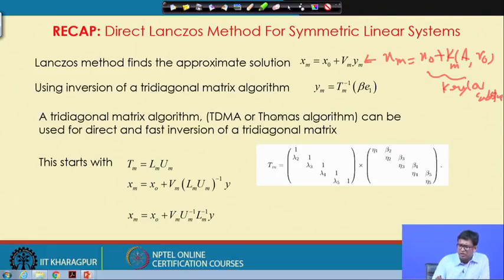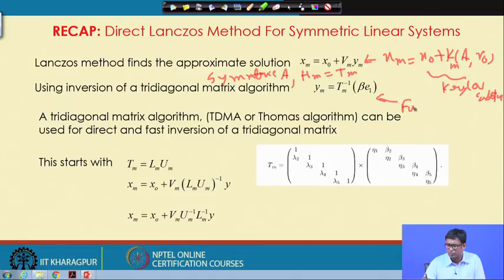And it uses inversion of the tridiagonal matrix T m, where Arnoldi's method will give us H m, and H m is equal to T m for a symmetric matrix. H m is T m, a tridiagonal matrix, and this comes from the full orthogonal method.